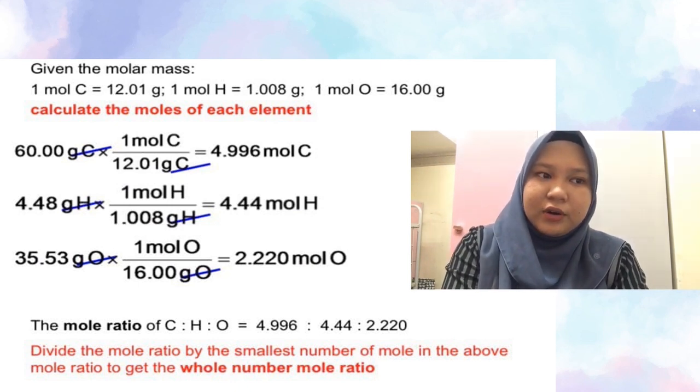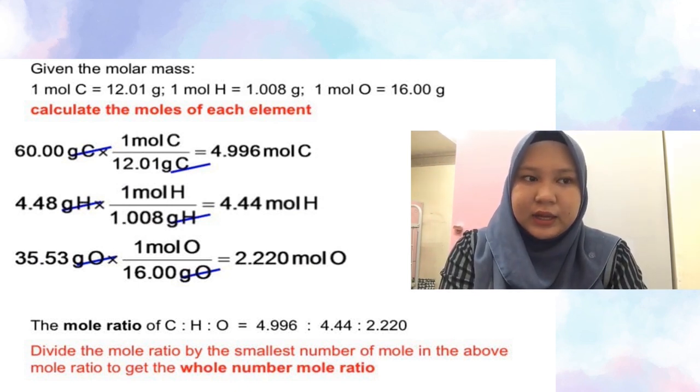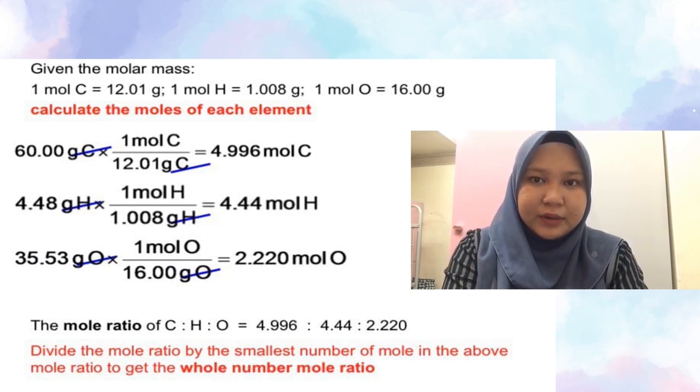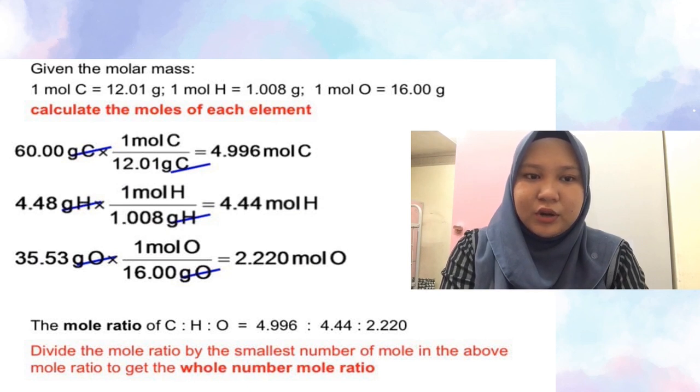Then 4.48 grams hydrogen divided by 1.008 grams per mole hydrogen equals 4.44 moles hydrogen. And last, 35.53 grams oxygen divided by 16 grams per mole oxygen equals 2.22 moles oxygen.